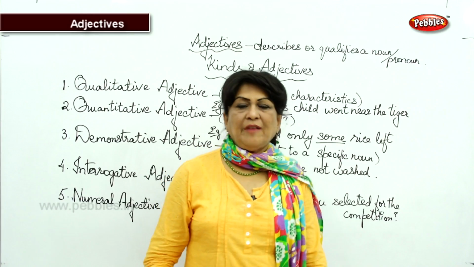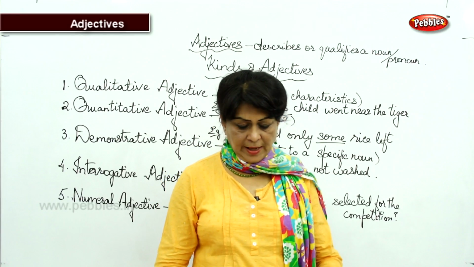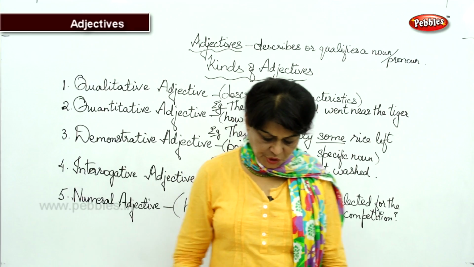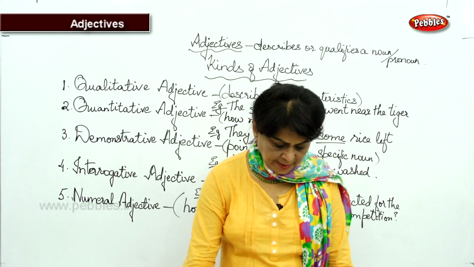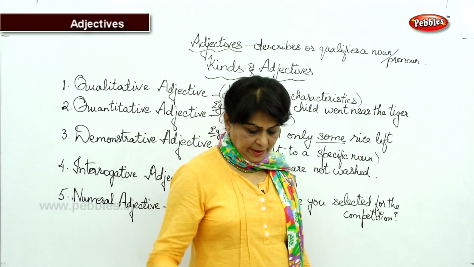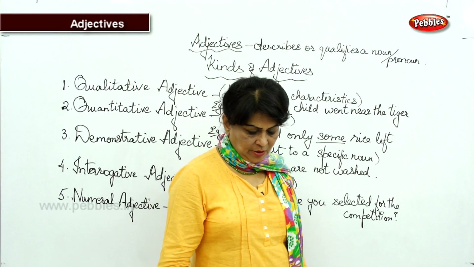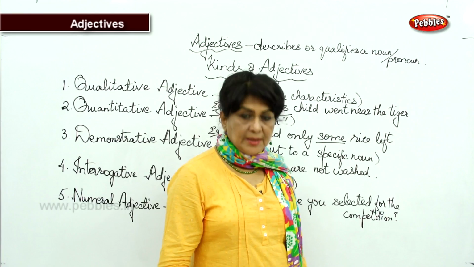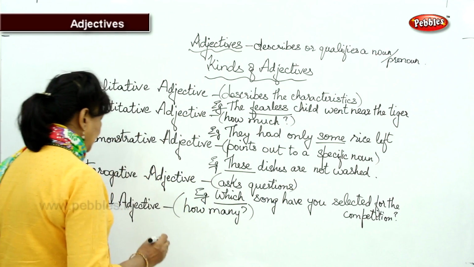In this you have cardinal, ordinal and the general numbers. Okay. Cardinals are like 1, 2, 3 and all, and ordinals are first, second, third. Okay.